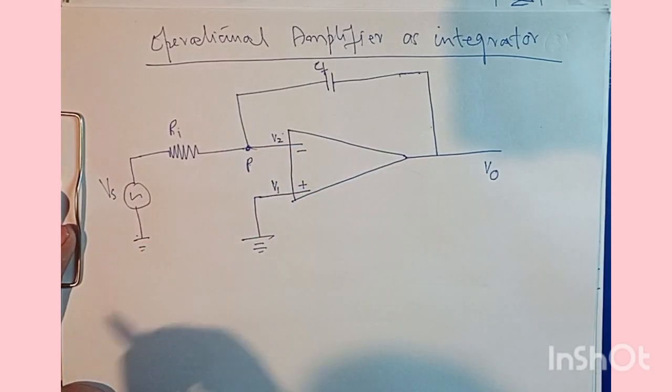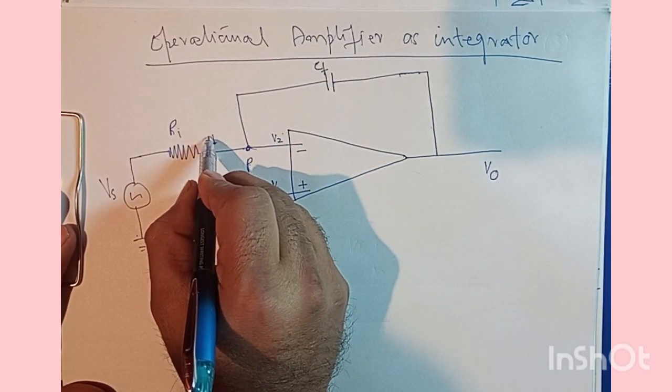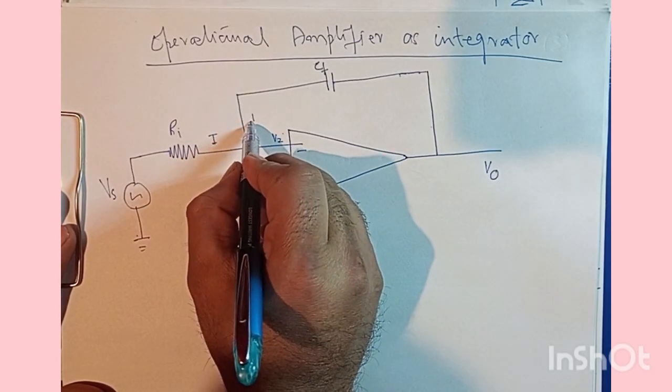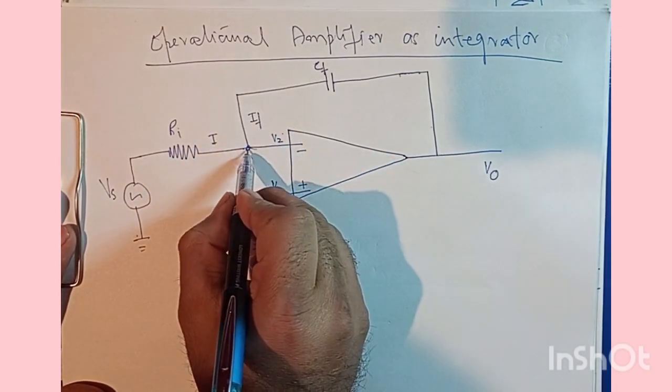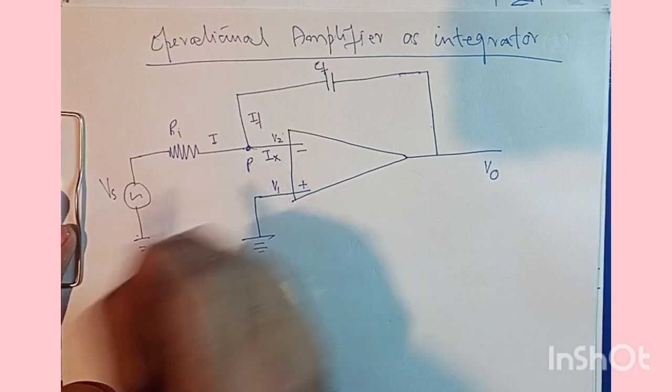Now to move on, let us assume the current I is flowing here, and here I have IF, and here I have, say, IX.